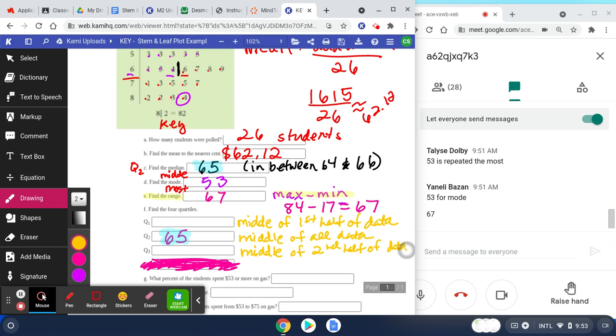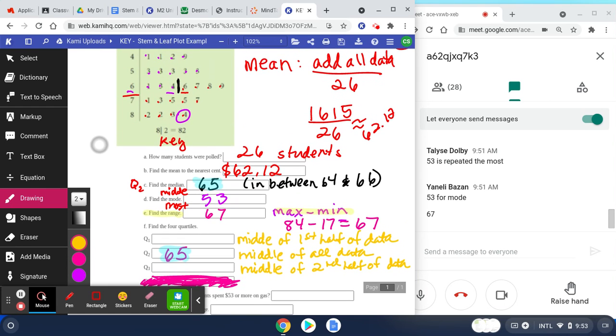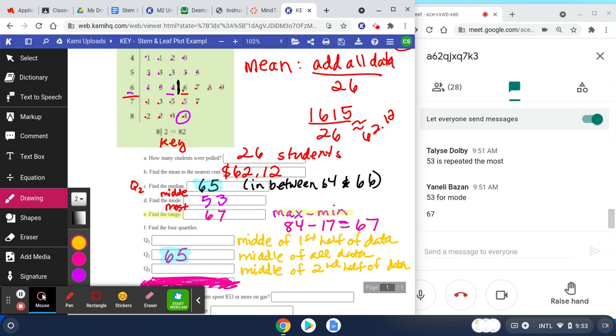So again, Alexander, if this feels uncomfortable, what I'm about to do, many students are just going to write out this data from the get-go. So taking a peek at the first half of the data, these little purple dots, I have 13 things. What is half of 13? It's about 6.5.